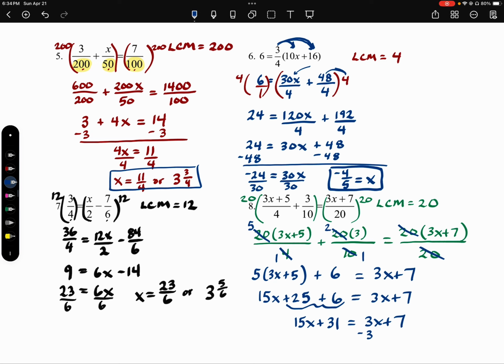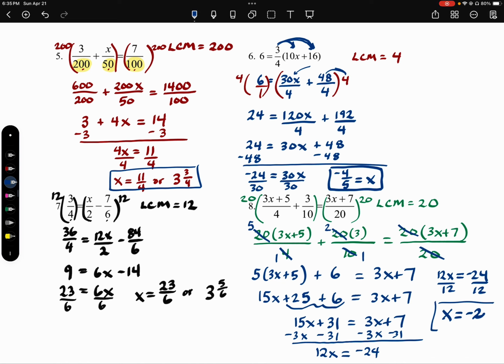Subtract our 3x from each side, and we'll subtract that 31 from each side as well. So we end up with 12x is equal to negative 24. Since 12x is equal to negative 24, we'll divide each side by 12, and you're going to see that x equals negative 2. If you plug it back in, it should make it a true statement.